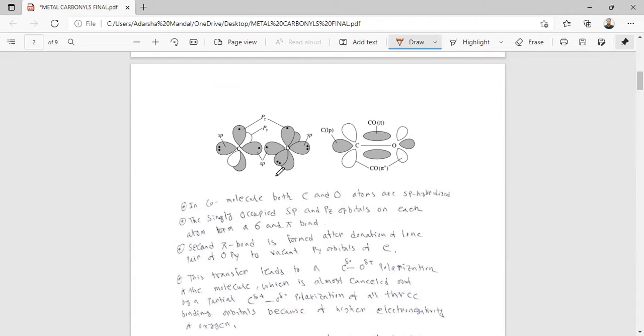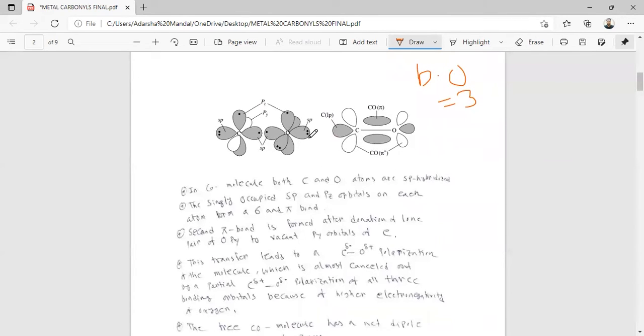In the carbonyl molecule, both C and O are considered sp hybridized, and the bond order of the carbonyl molecule is 3. Here, with sp hybridization, one sigma bond and two pi bonds are formed.